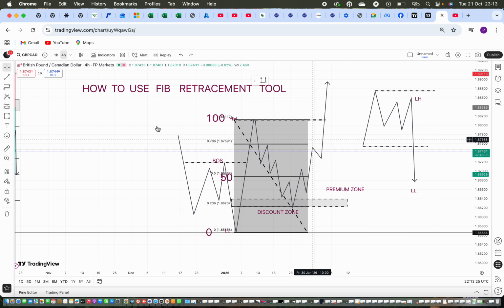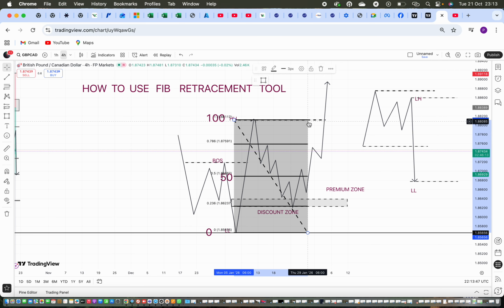So before we broke structure, this was the last point that led to the break of structure, and this very one.